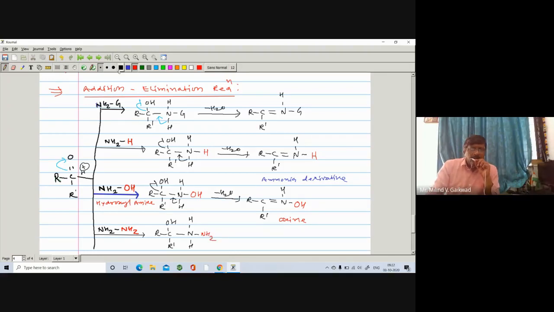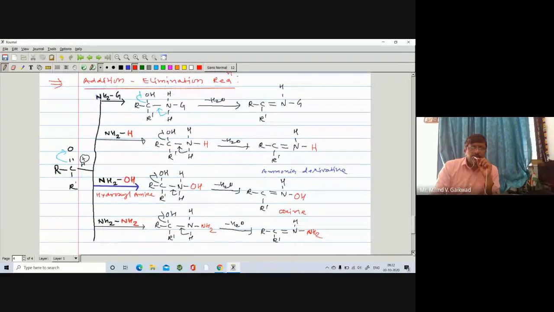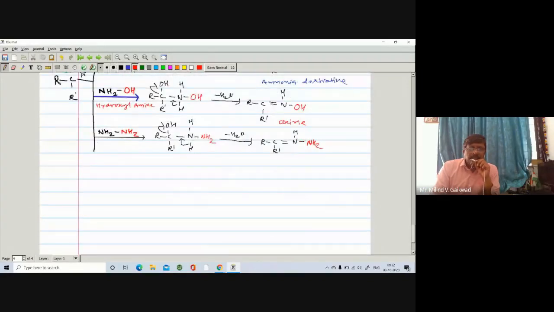Further, it undergoes dehydration, removal of a water molecule, and this sigma bond shifts on OH, forming a double bond. You get RCR dash double bond N, here is H, and here is your NH2. NH2 is called a hydrazine.